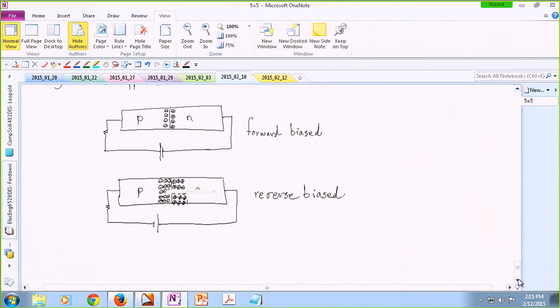So the solution is, instead of using a PN junction, use a metal semiconductor junction.